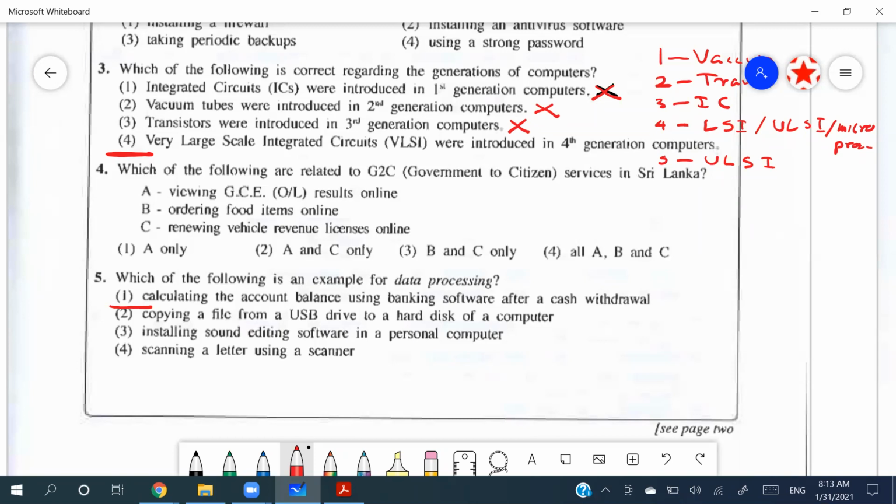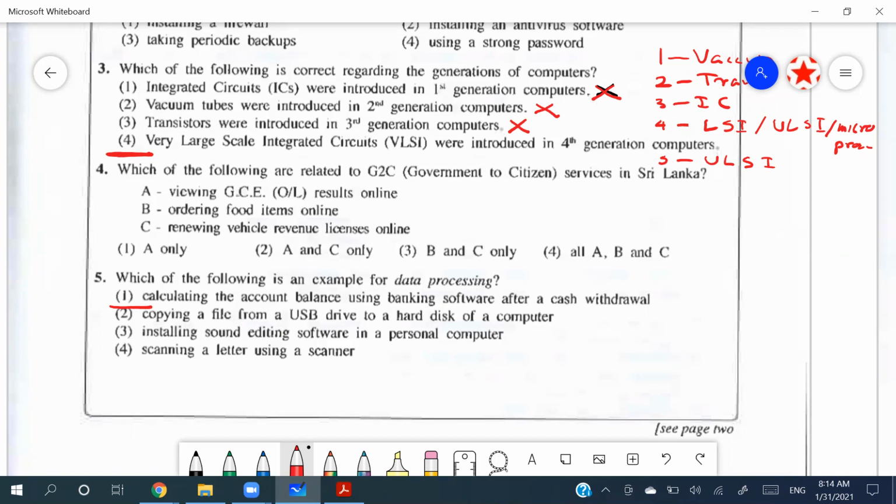Now, copying a file from a USB drive to a hard disk of a computer, it is kind of a copying, it's not been processed. You are taking a copy and putting it inside a drive. Installing sound editing software in a personal computer, still nothing is processed. You just installed it, right? Scanning a letter using a scanner, still it is not been processed.